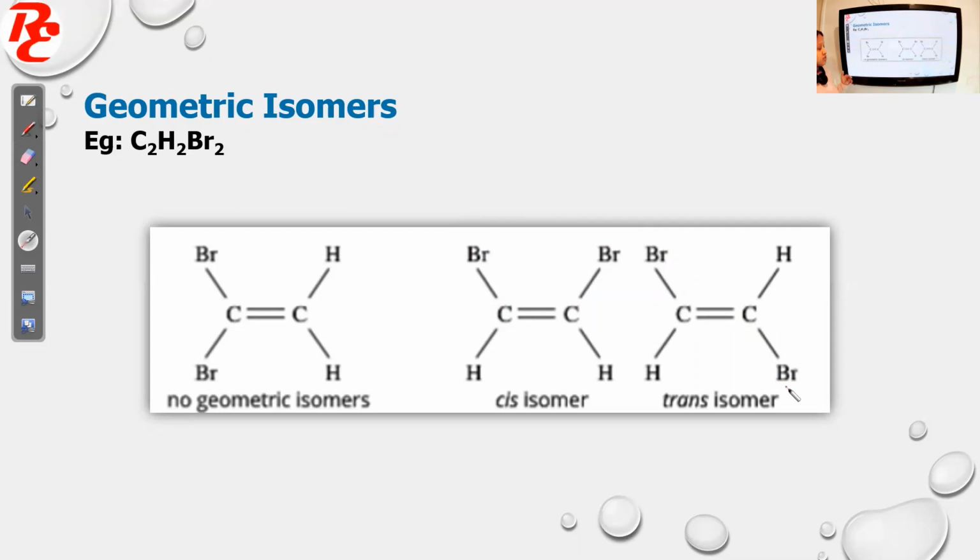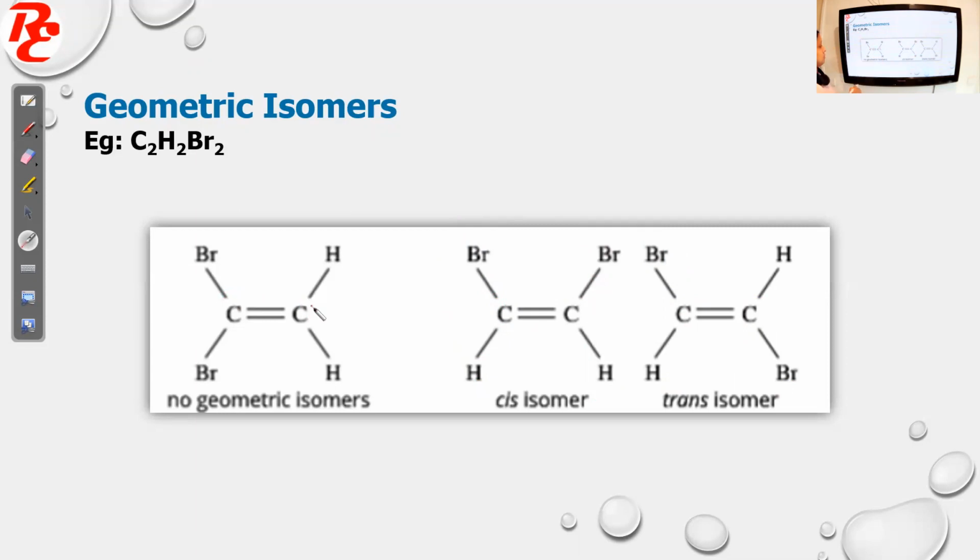For it to be a cis-trans isomer, each carbon making the double bond must have 2 different groups. So look at the second and the third example. These can behave as cis-trans isomers because each carbon making the double bond has 2 different groups attached.